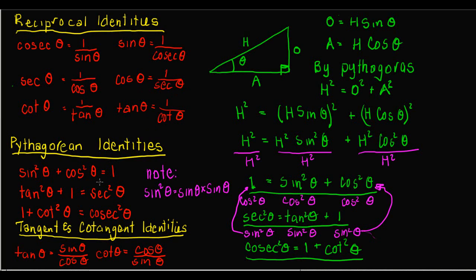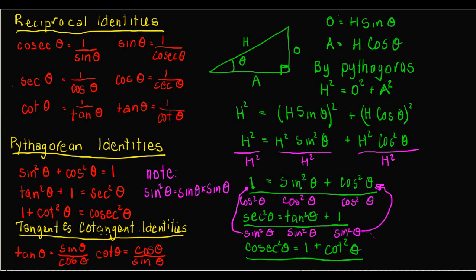Now we come to the Pythagorean identities. Sine squared theta plus cos squared theta equals 1. Tan squared theta plus 1 equals sec squared theta. And 1 plus cotangent squared theta equals cosecant squared theta. Okay.